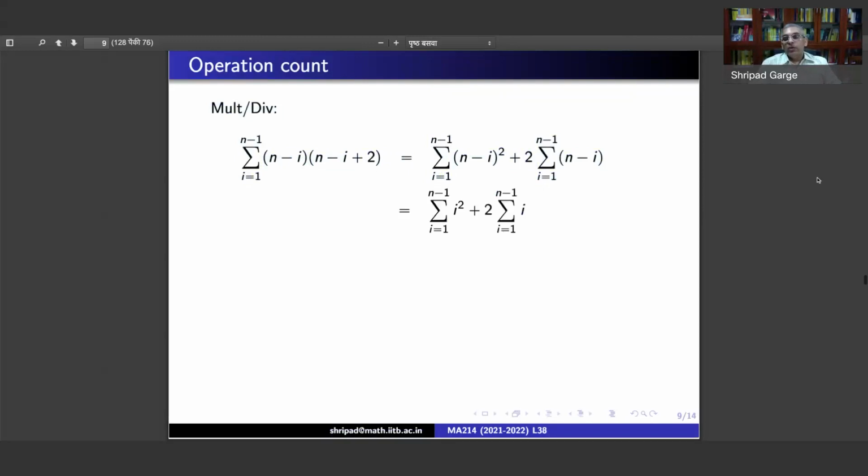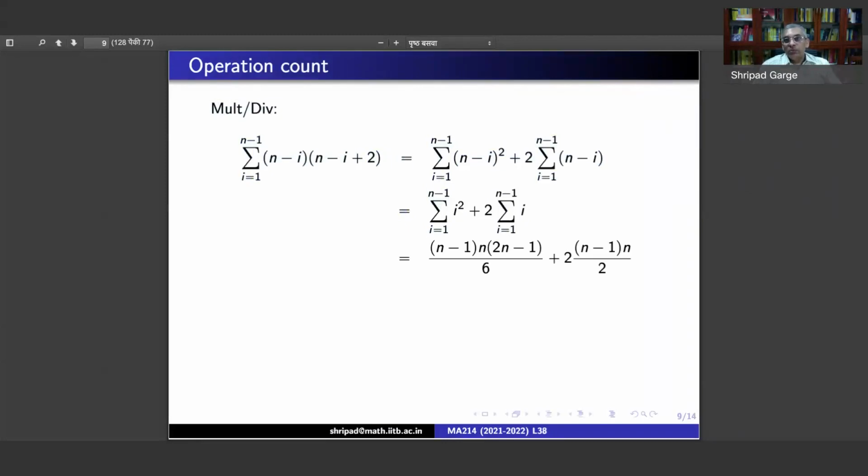But as you are going from 1 to n minus 1, n minus i goes from n minus 1 to 1. So these are the same sums. Either you take n minus i or you just take i. Those are going to give you the same numbers ultimately when you are summing them. So this is just the sum of i square from 1 to n minus 1, plus 2 times the sum of i from 1 to n minus 1.